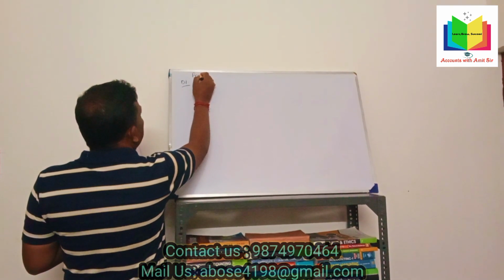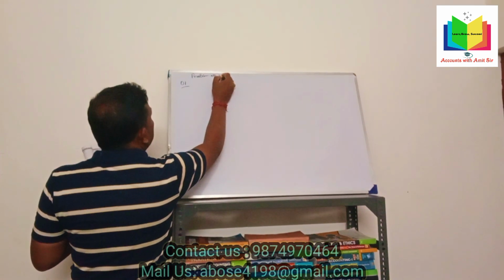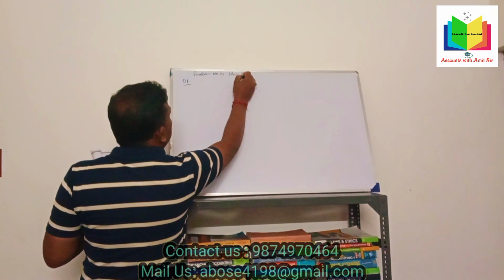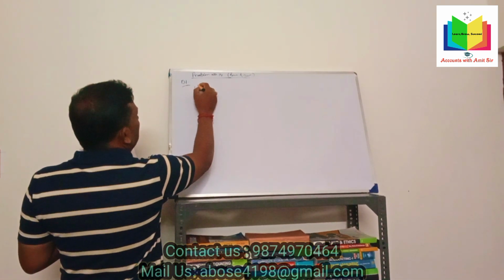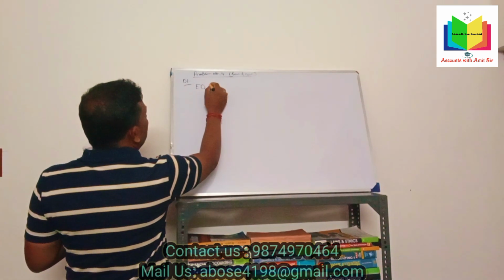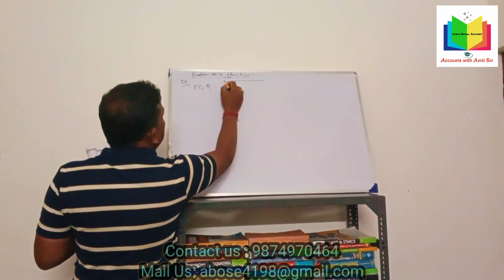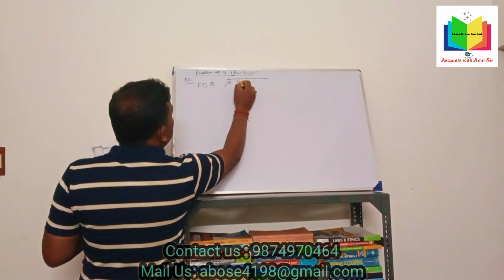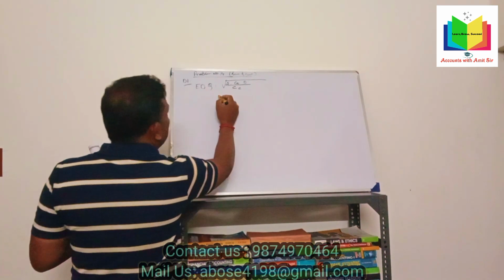Problem number 14, Basu and Das Cost and Management Accounting, EOQ. At first you find out EOQ. The formula is root over 2 into CO into O divided by CC.